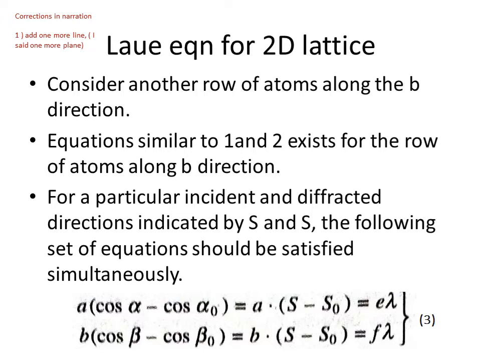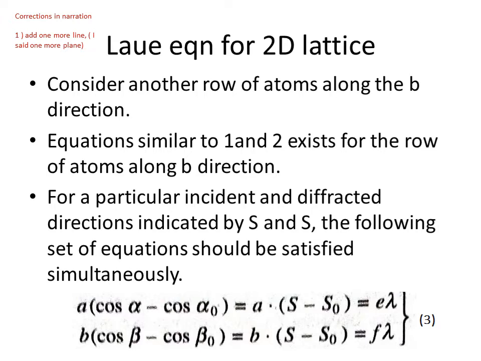So essentially we will have two sets of equations given by this. They are similar. When we started with a single row of atoms, for a given S0 and a given alpha 0 direction cosine, we had an angle alpha which indicates a cone, whose half apex angle is alpha, and that cone represents the diffraction condition.